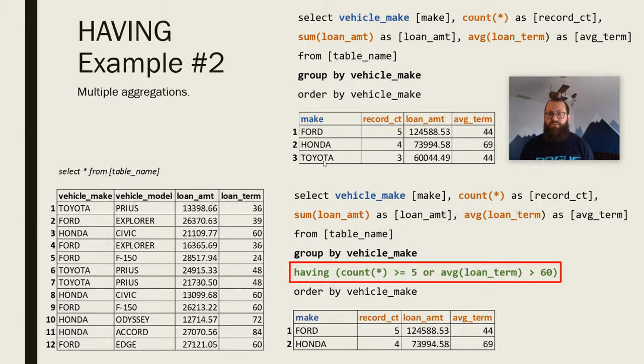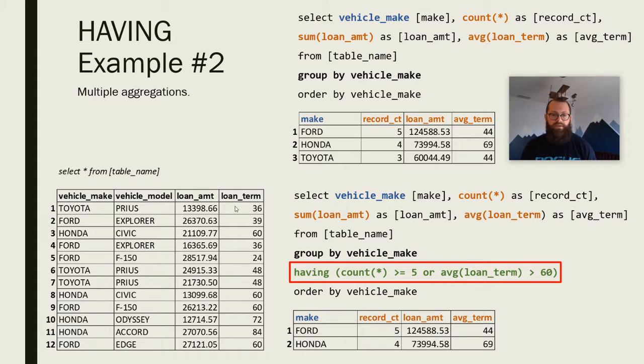If we walk through the output here without a having clause, for the third record, Toyota, there are 3 records, which we saw in the prior example. We've got Toyota 1, 2, 3. The sum of the loan amount for those 3 records, $13.4 thousand, $25,000, about $21.7 thousand, gets you to a $60,000 value because we're summing values in that field.